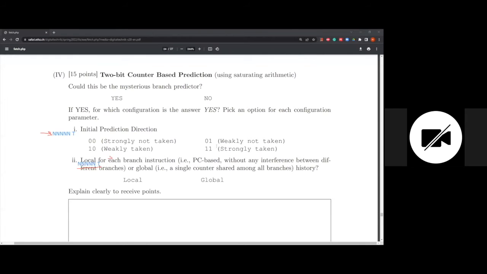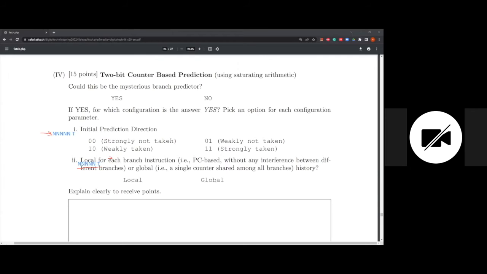How this works is initially we have some starting state, either 0, 0, or one of these 4 cases listed here. Every time an outcome of the branch is evaluated, the counter is incremented or decremented. For example, assume we are at 0, 0, strongly not taken.